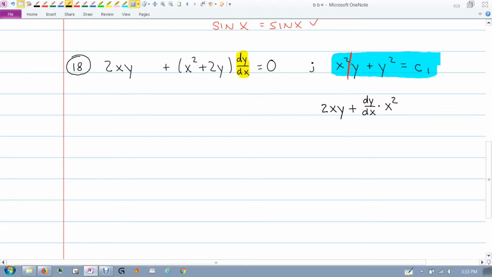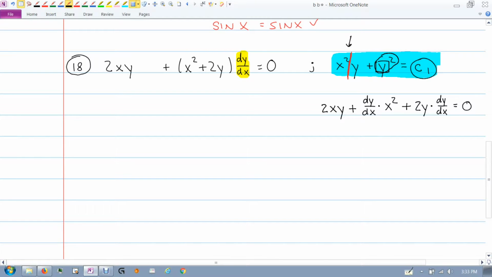Then we have a plus sign, and now we need the derivative of y squared. The derivative of y squared is 2y, but then times the derivative of what's down here in the base, which is dy dx. And that must equal the derivative of the right side with respect to x, which is 0.